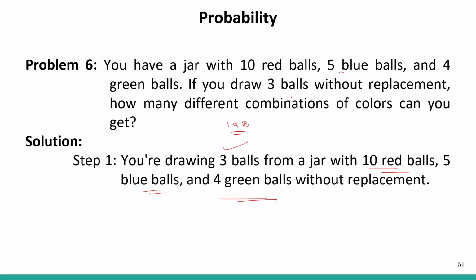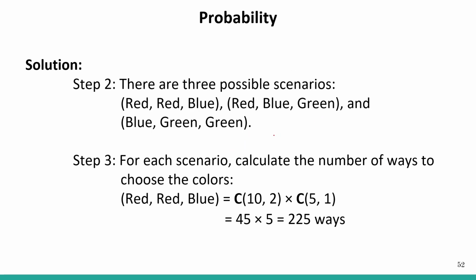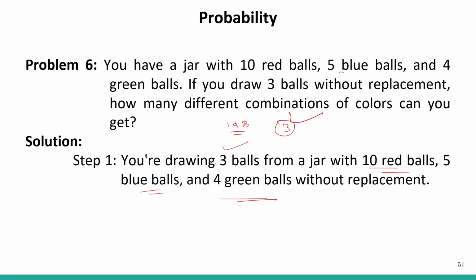Because I am drawing 3 balls, I can either get red, red, red, or red, blue, red, or red, red, blue. Actually, I can choose all 3 different colors. That is the maximum that I can choose, so the answer will be 3.